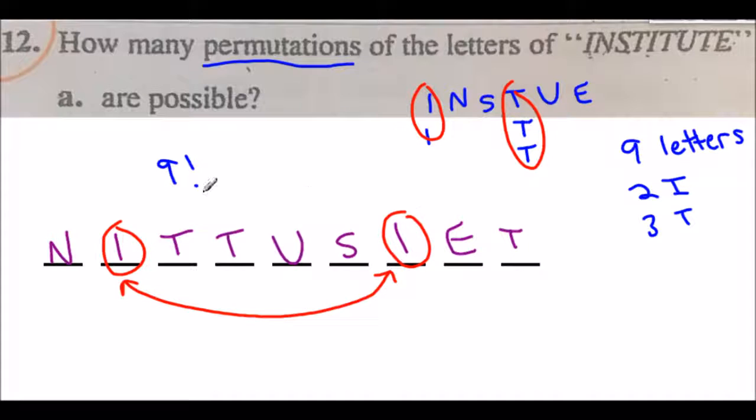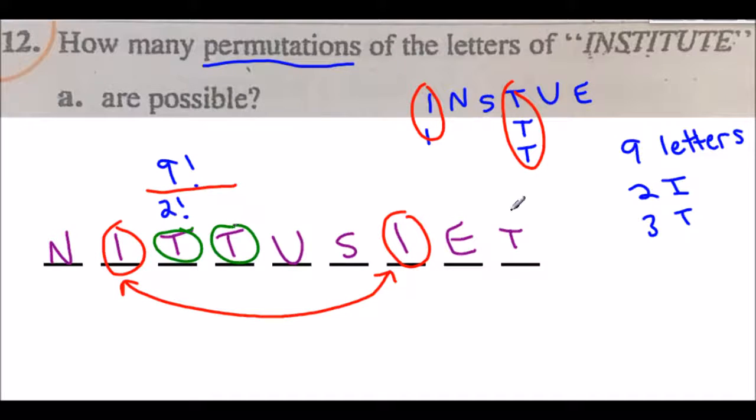And that means I have to remove from my 9 factorial calculation all the ways that the 2 I's could be intermixed. So that's 2 factorial, because the I's represent 2 objects and 2 positions. The same logic is true for the T's.